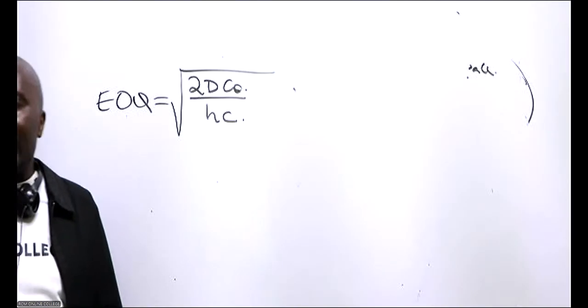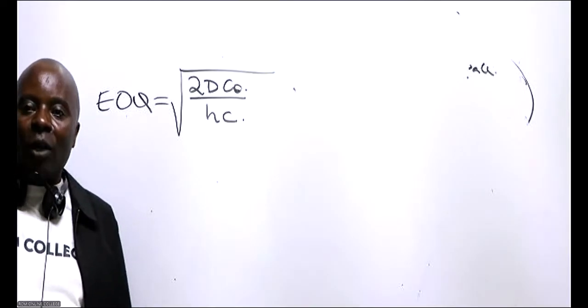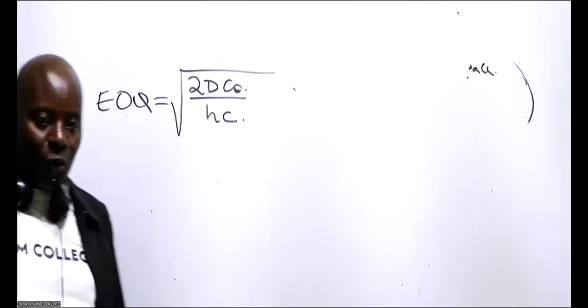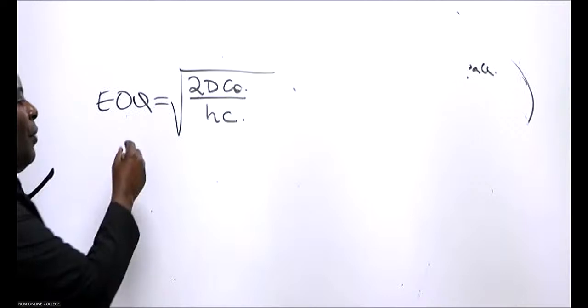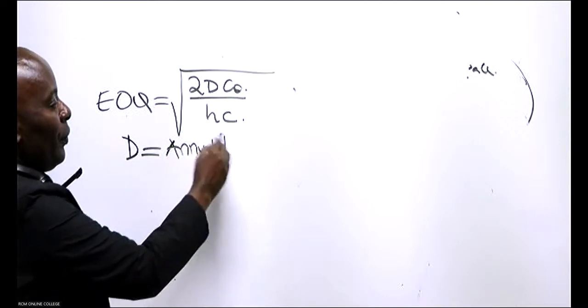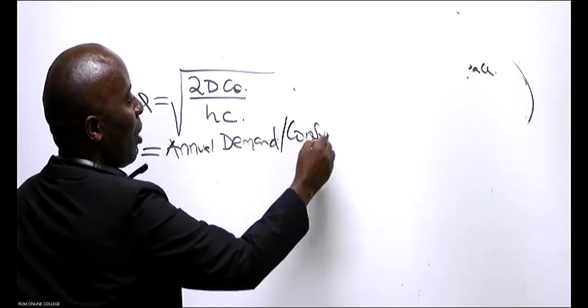So then I would want us to use the same example illustration that I've just given us, the one which we have used to get the stock levels. We calculate the EOQ. And as we do that, it will be very important for us to know that this is annual demand, or annual consumption.